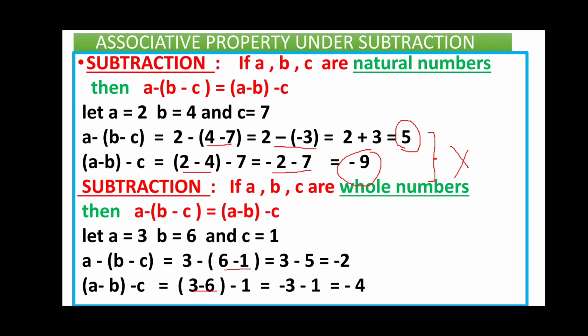That means the values for both are different. So −2 is not equal to −4, so it is not satisfied. That means associative property of whole numbers under subtraction is not satisfied. In both natural numbers and whole numbers, the property is not satisfied.